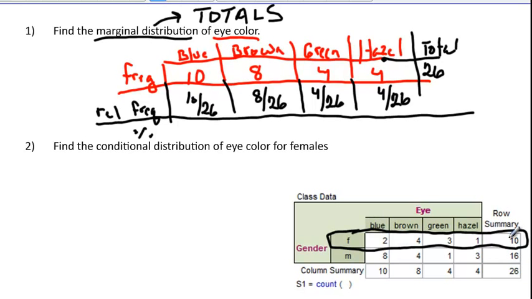2 out of 10 female students have blue eyes, 4 out of 10 have brown, 3 out of 10 have green, and 1 out of 10 have hazel.